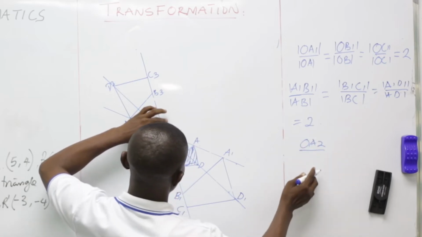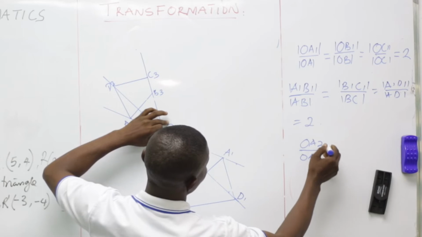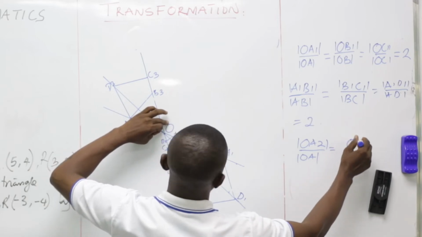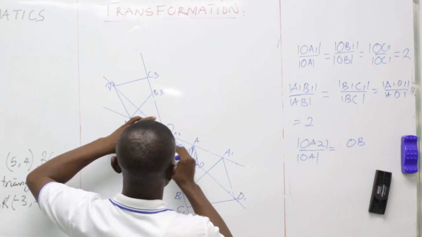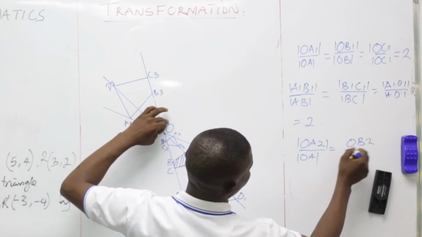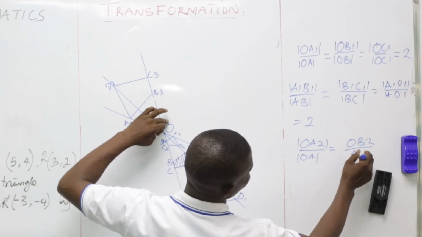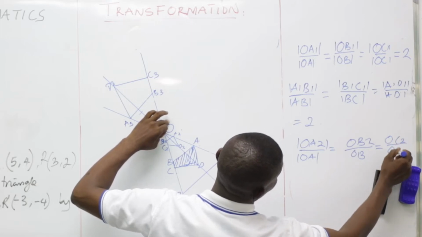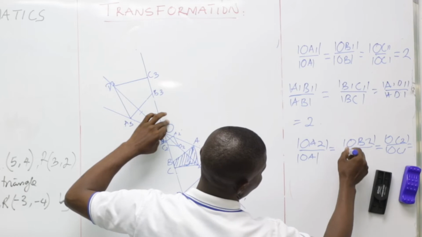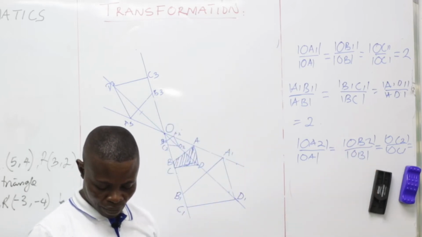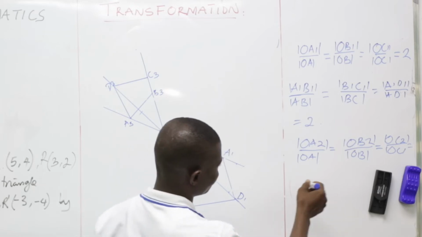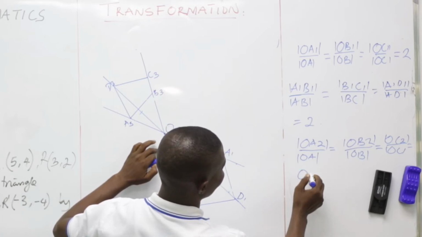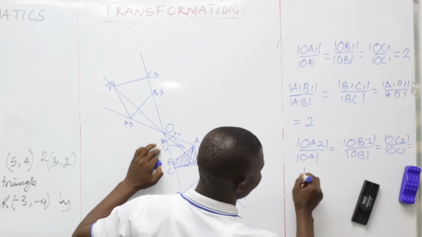OA2 all over OA equals OB2 all over OB equals OC2 all over OC equals 1/2.